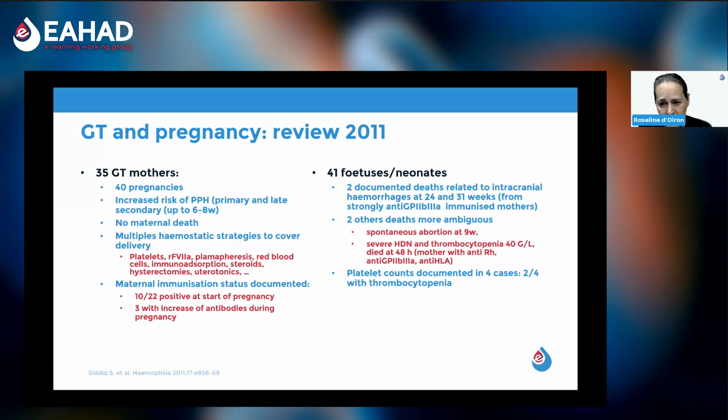There have been 2 other deaths, maybe more ambiguous regarding the anti-IIb/IIIa status. One was a spontaneous abortion at 9 weeks of gestation. And there has been as well a thrombocytopenia in the context of hemolytic disease, but the mother had as well anti-RH and anti-IIb/IIIa and anti-HLA at the same time.